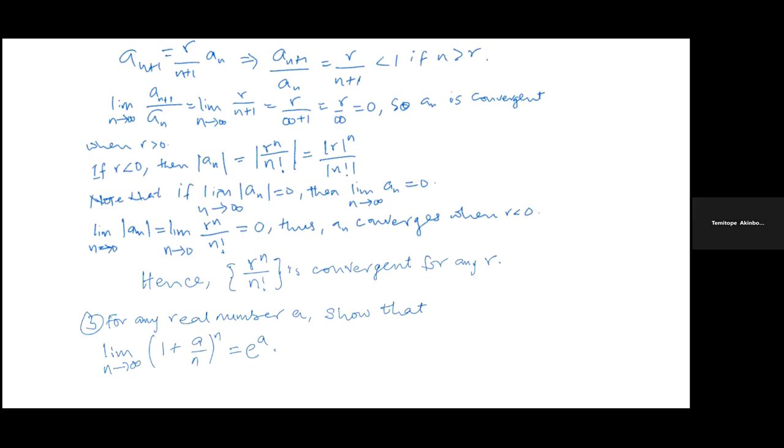So taking the limit of the absolute value of an is the same thing as taking the limit of R raised to power n over n factorial, and that will be 0 as n tends to infinity.